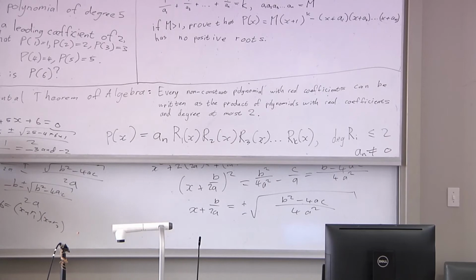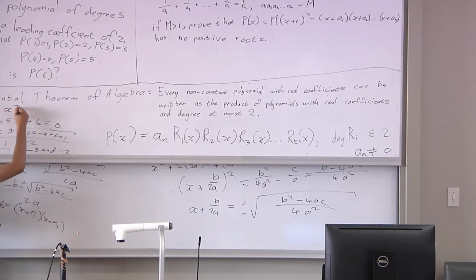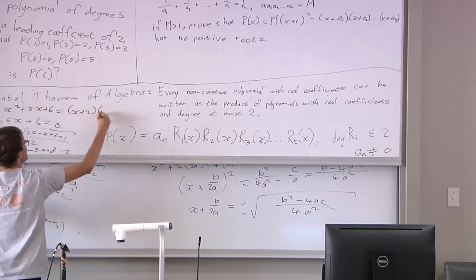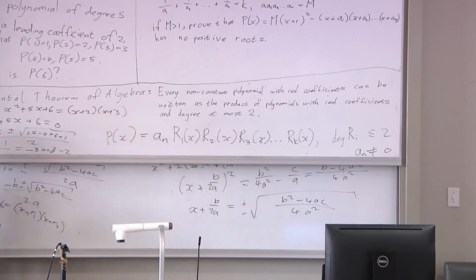Suppose that it's x plus r1. If that's 0 when x is minus 3, then that means r1 is equal to 3. And if you do the same thing with minus 2, you get r2 is equal to 2, from where you get that x squared plus 5x plus 6 is x plus 2 times x plus 3. So you can do this for any quadratic. You just find the roots and then put them into the linear factors there.